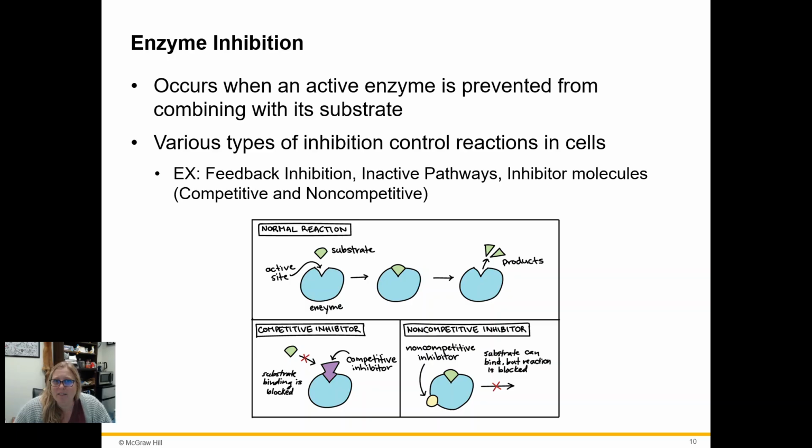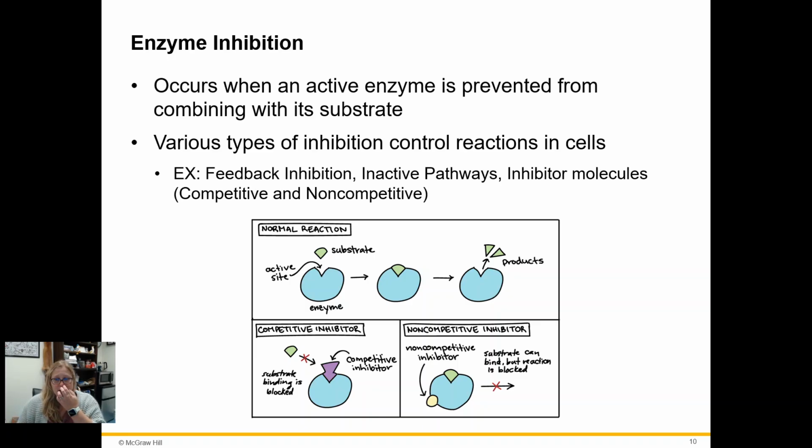That is competitive inhibition. You cannot park in that parking spot. Somebody else is already there. That's what we see with enzyme inhibitions. Okay, so competitive inhibition is a direct blocking of that enzyme's active site.